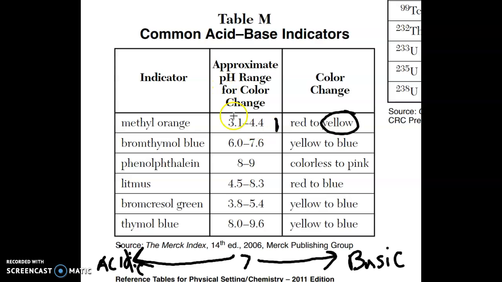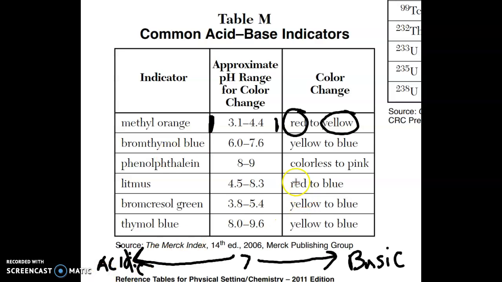If you have a different solution that you're testing, and let's say it's lemon juice with a pH of around 2, you're going to be way more acidic than 3.1, so in that case, your solution will be red.